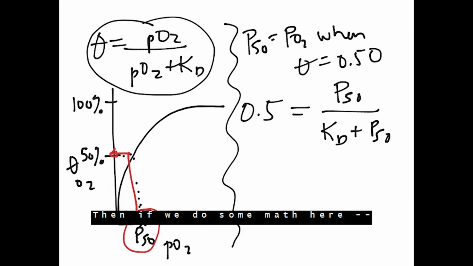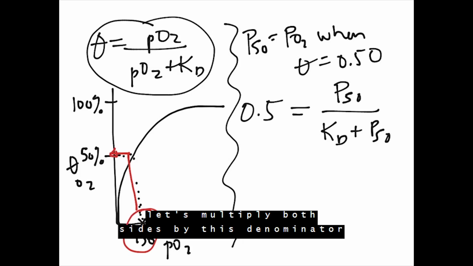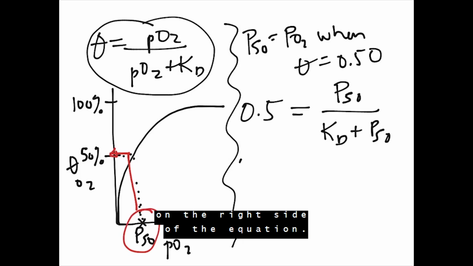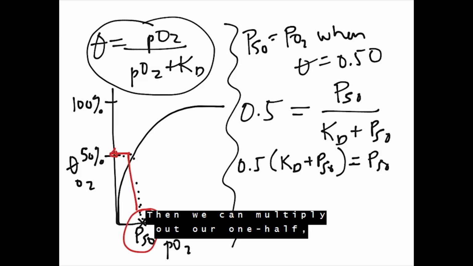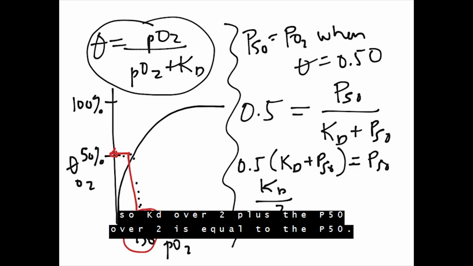Then if we do some math here, let's multiply both sides by the denominator on the right side of the equation. So 0.5 times KD plus the P50 is equal to the P50. Then we can multiply out our 1/2, so KD over 2 plus the P50 over 2 is equal to the P50.